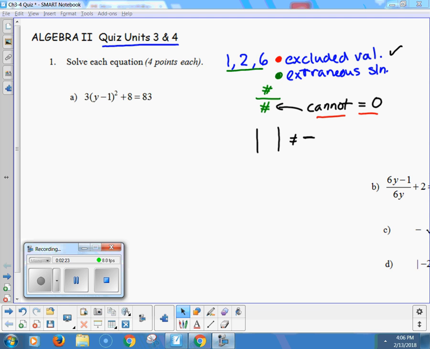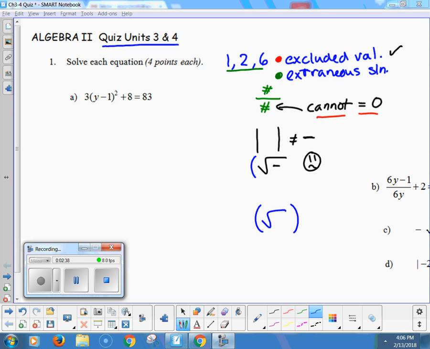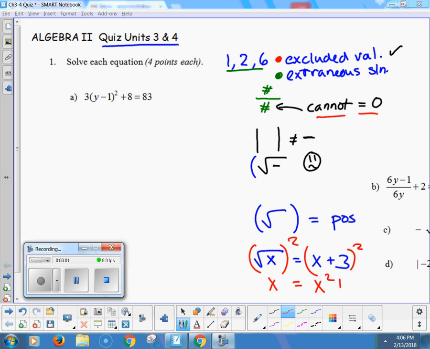Square roots. Whenever you see square roots, we know that the square root of a negative number cannot happen. So that's a problem. And also, whenever you square a square root, you are automatically making it a positive solution. So this is something to be aware of. If I said the square root of x equals x plus 3 or something like that, and I squared both sides, I get x equals x squared plus 3.